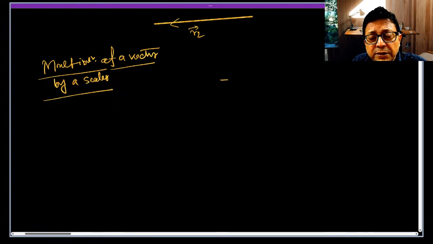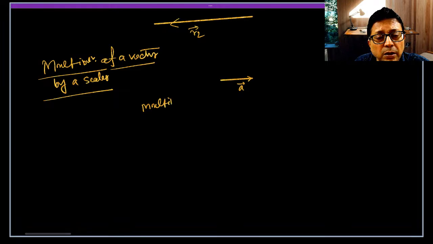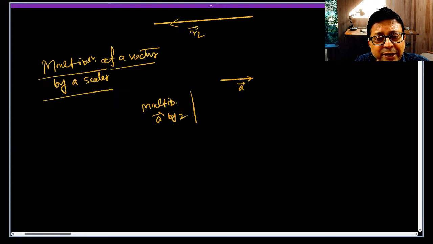It is very simple. If there is a vector A and we are multiplying by 2, multiplying A by 2, what do we get?